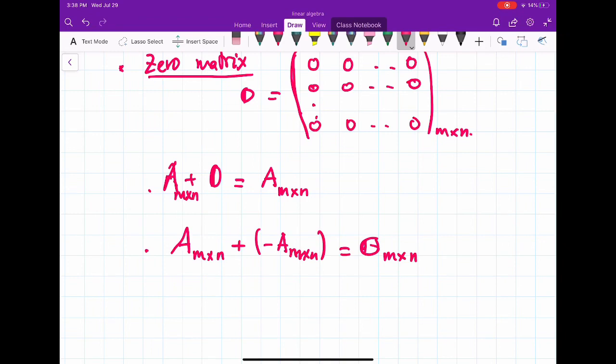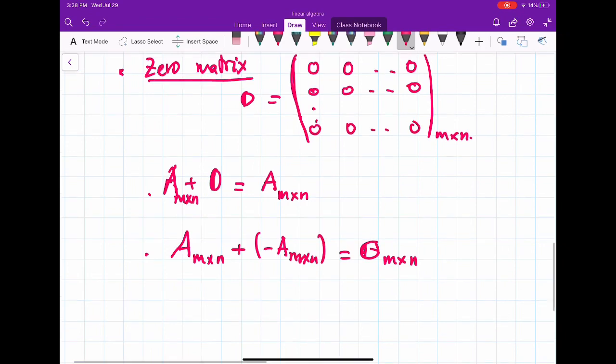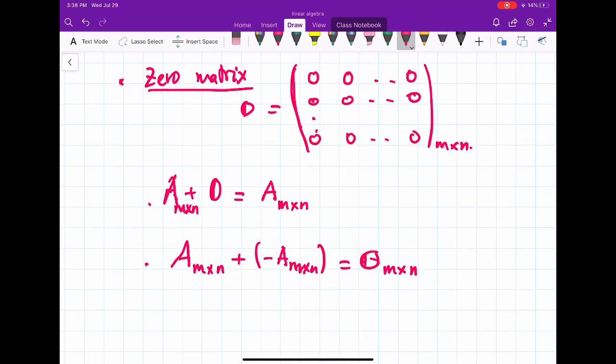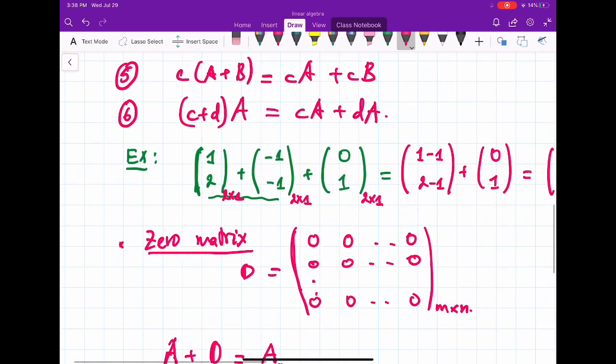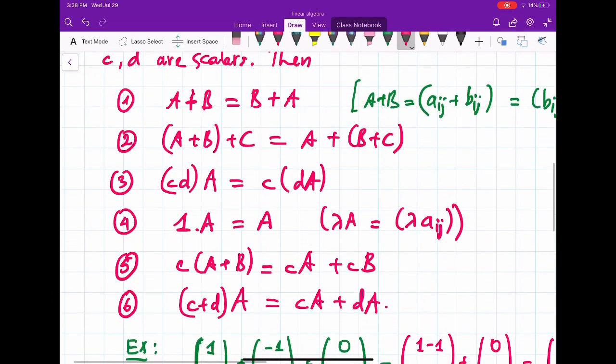All right, that's it. So that is about matrix addition. So you have different properties in here, and if you pay attention, those properties are similar to properties of numbers. They are obtained from corresponding properties for scalar additions.